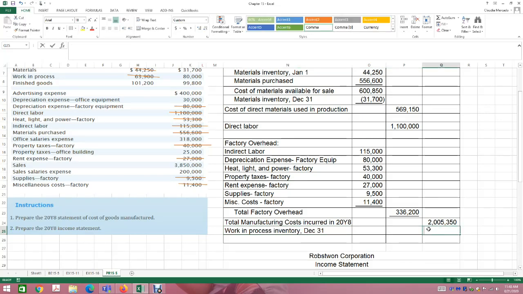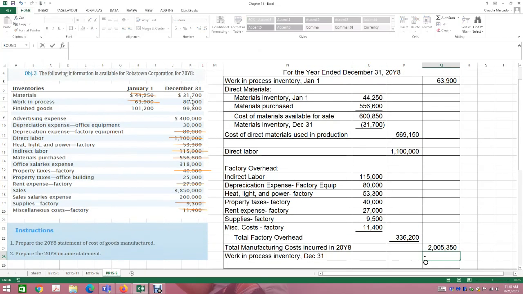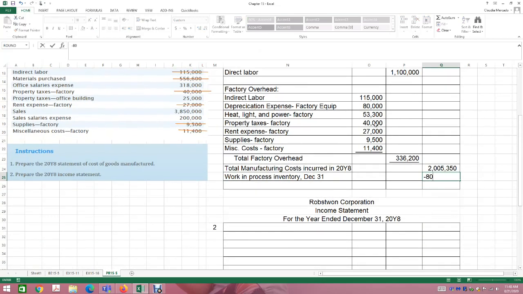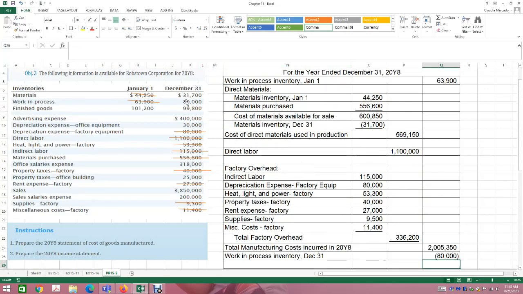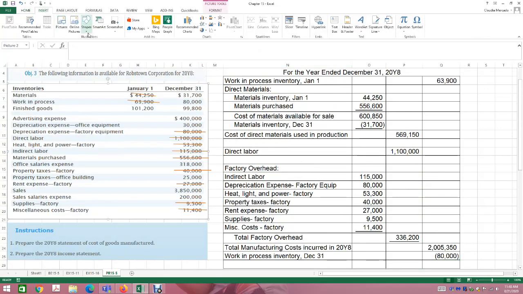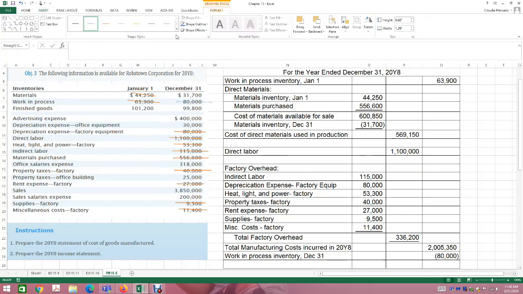I'm going to deduct that number, and that number is $80,000. Okay. So I'm going to deduct it because that represents the amount of goods that have not been completed. They're still in process. I can't sell them because they're not complete.